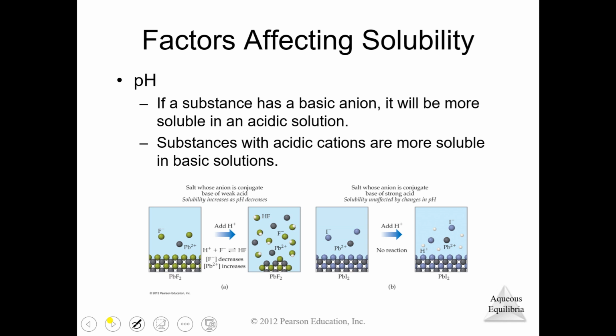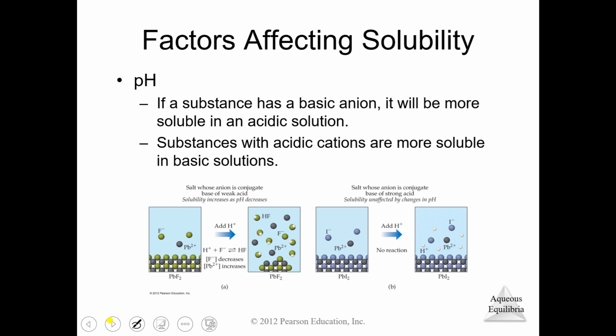Okay, pH factors. If something has a basic anion, it's going to be much more soluble in an acidic solution. If it's got an acidic anion or cation, it's going to be much more soluble in basic solutions. So keeping in mind what you have is going to be very important.